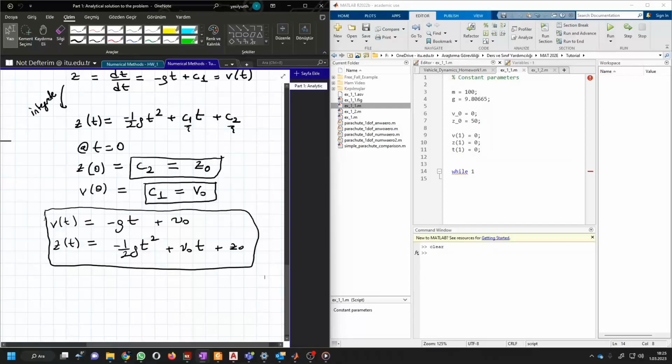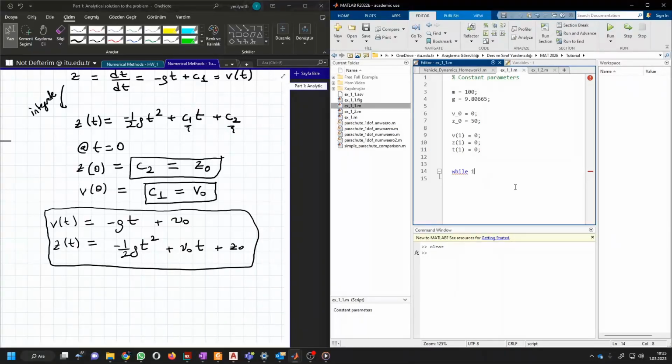Let me remember what my velocity and location functions were.